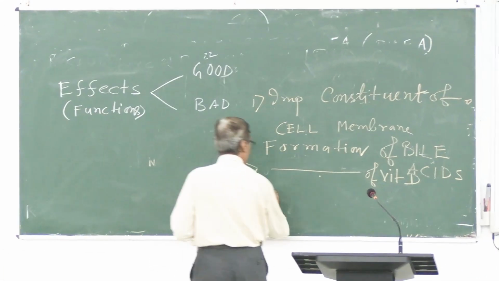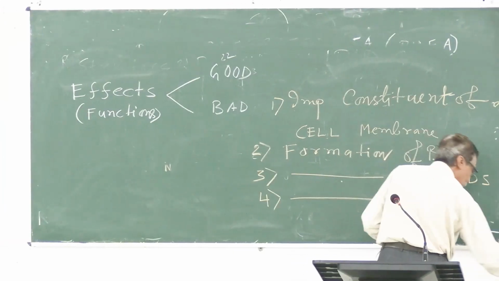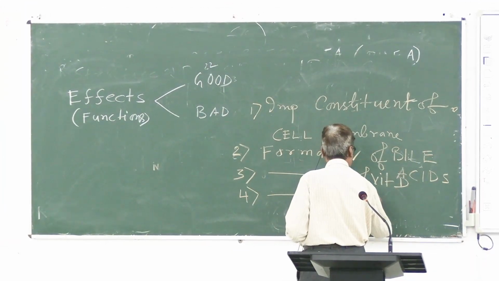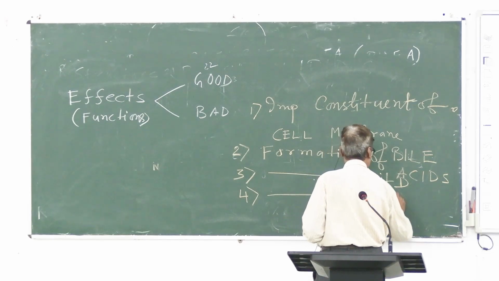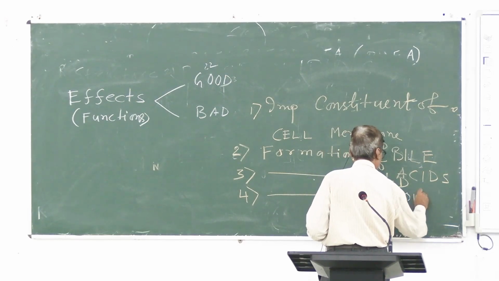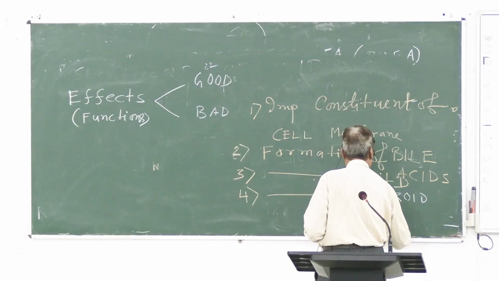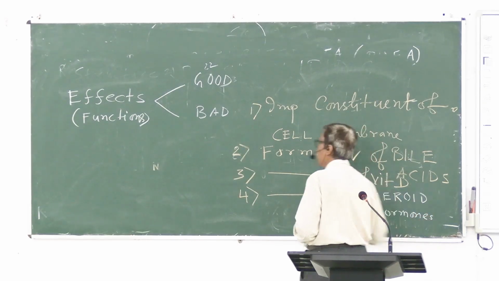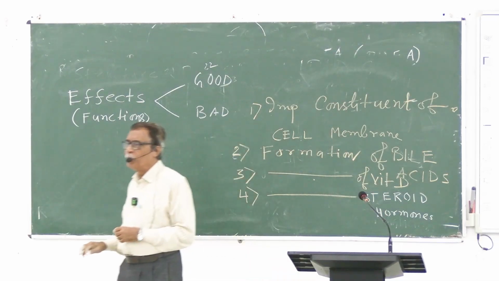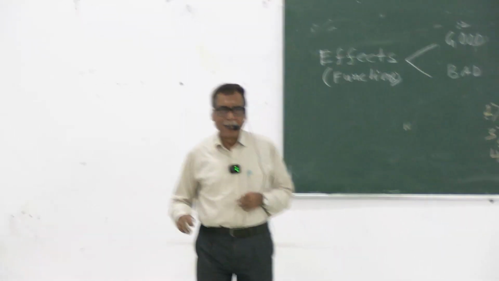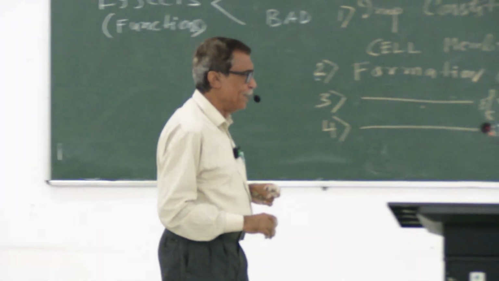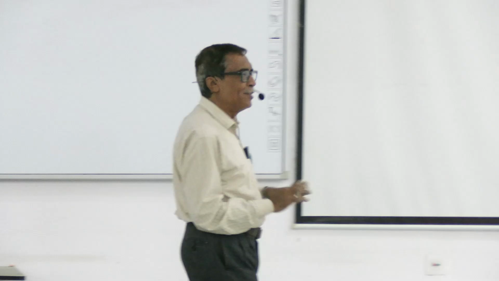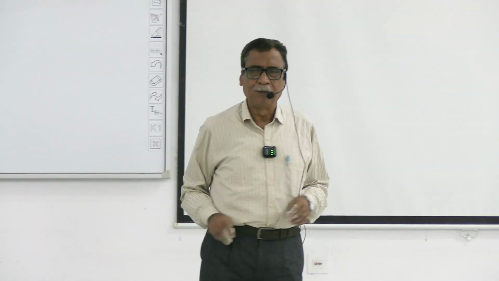Another one, formation of all the hormones having steroid nucleus, that is known as steroid hormones. There are many steroid hormones in our body, which are known as glucocorticoids, mineralocorticoids, aldosterone, progesterone, estrogen, testosterone, all are steroid hormones, and all the steroid hormones are coming from cholesterol.